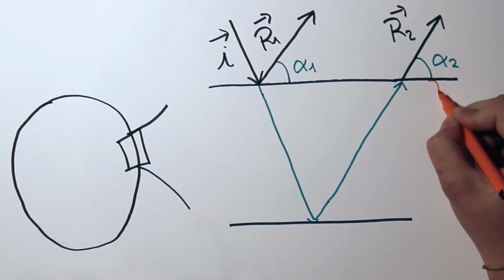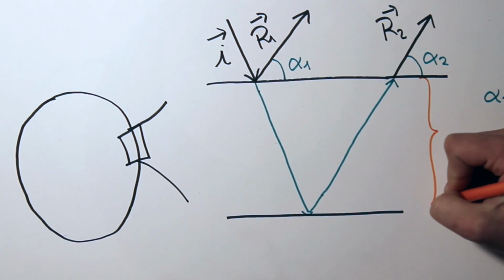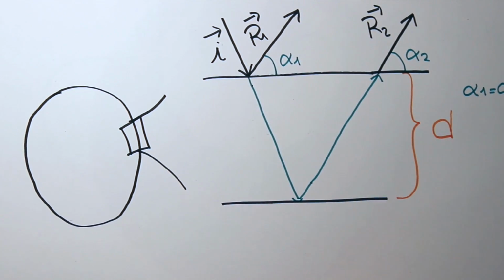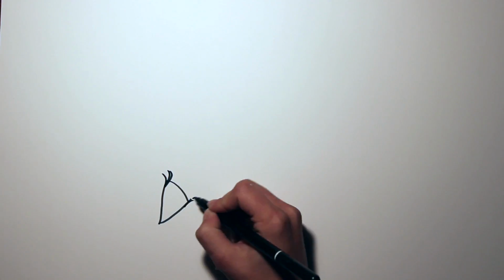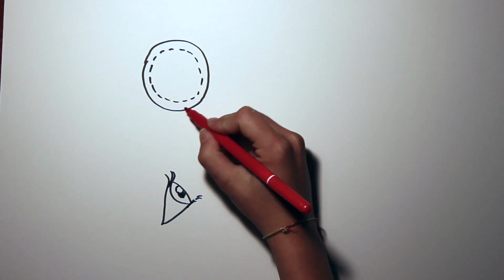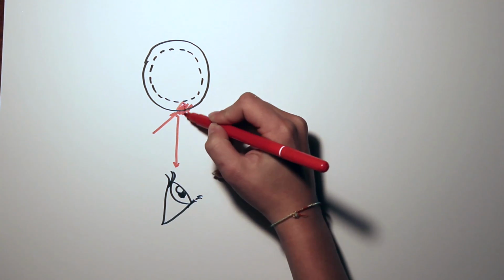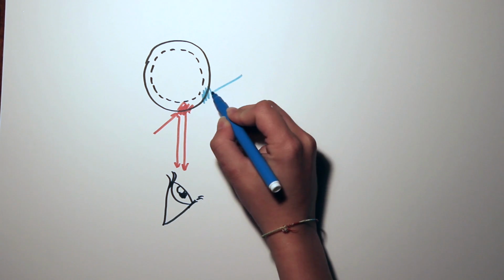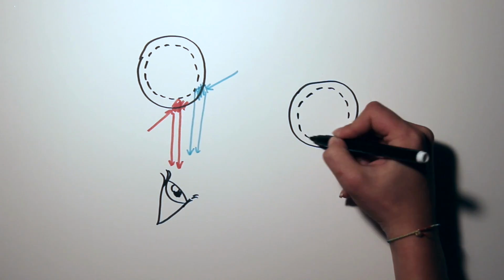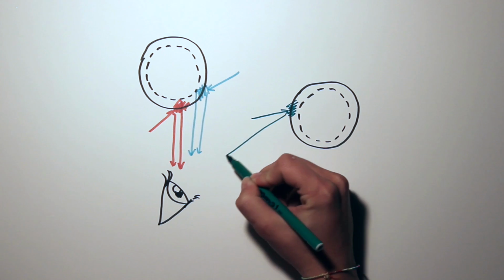Interference depends on the distance covered by the two waves and, as a consequence, on the depth of the film. We see different colors because each wavelength interferes constructively and destructively in different points of the surface. If the bubble moves, points of constructive and destructive interference change.